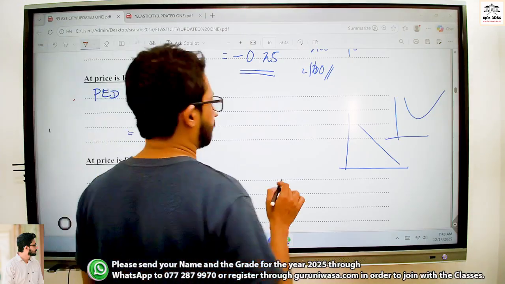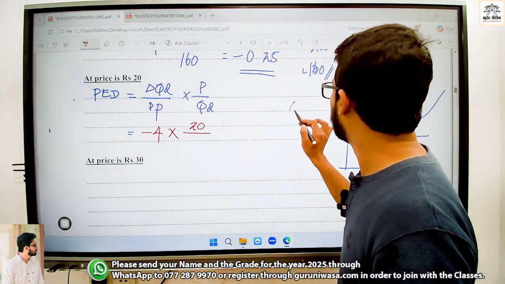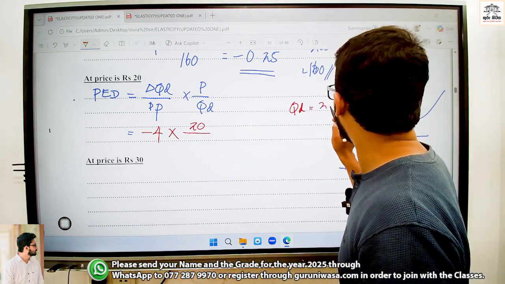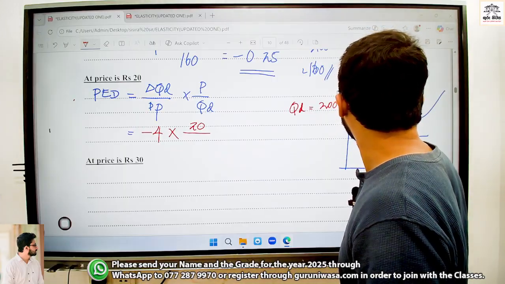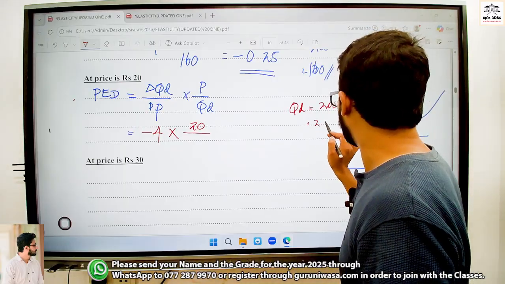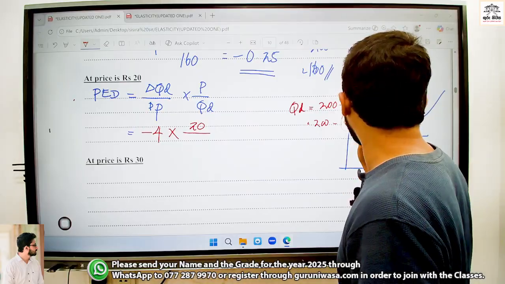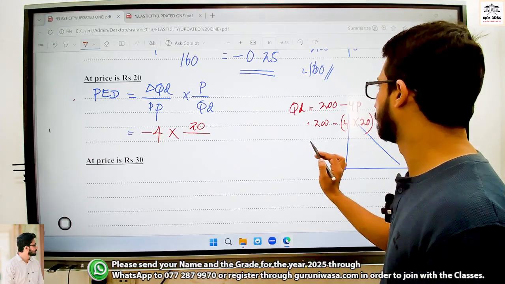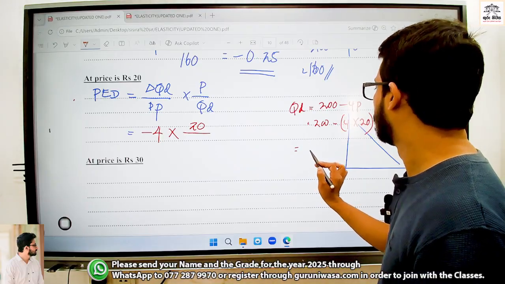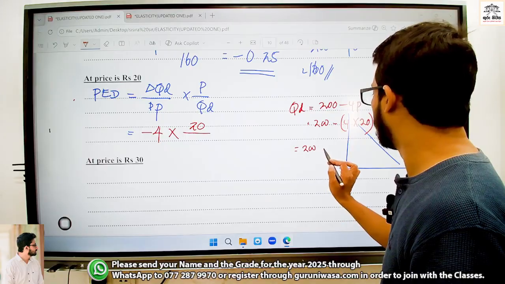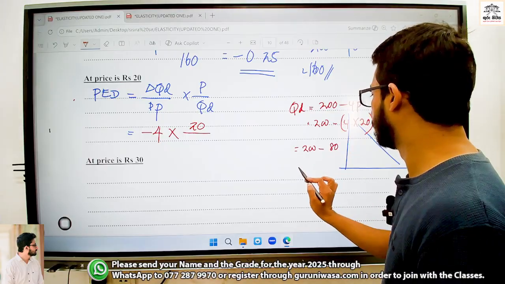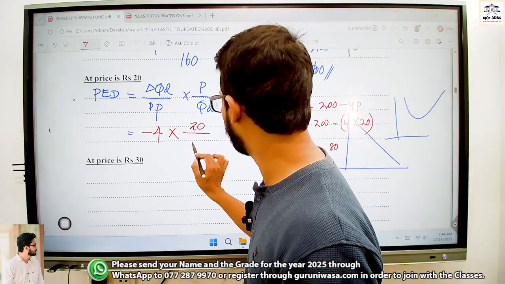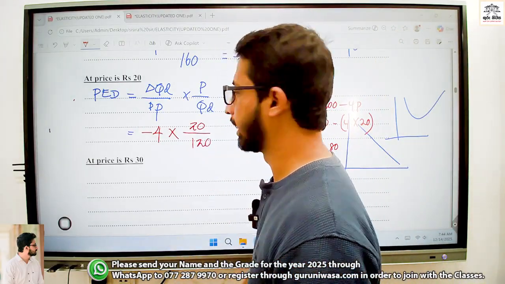QD equals 200 minus 4P. 200 minus 4 into my price, which is 20 rupees. Then 200 minus 80 means 120. Here the corresponding quantity demanded is 120.